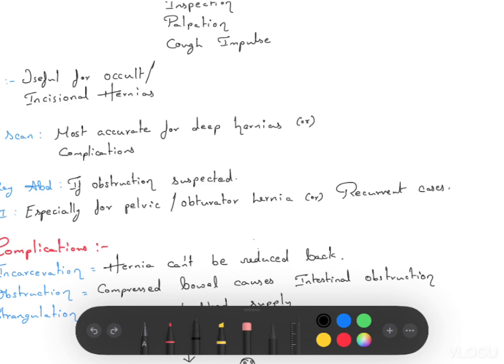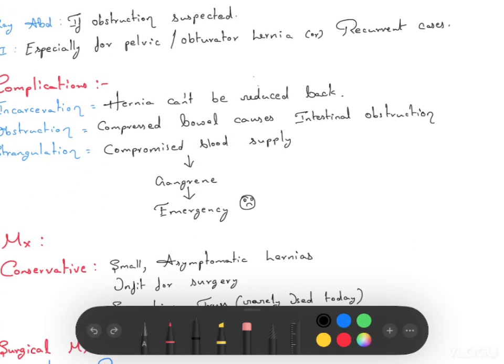Then we can go with MRI, which is the highest sensitivity for occult groin hernias, especially for pelvic hernias or recurrent cases. In image interpretation, in ultrasound we check the hernial sac, bowel movements and defect visualized. In CT, the findings will show the neck, the sac, the contents present inside that hernia, and complications.